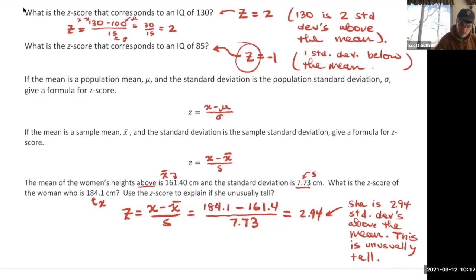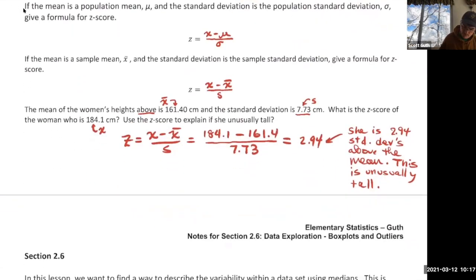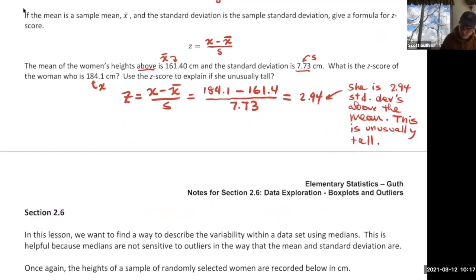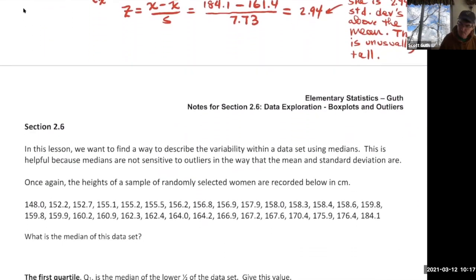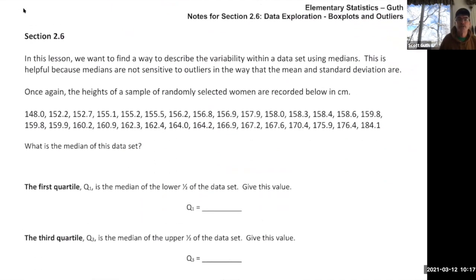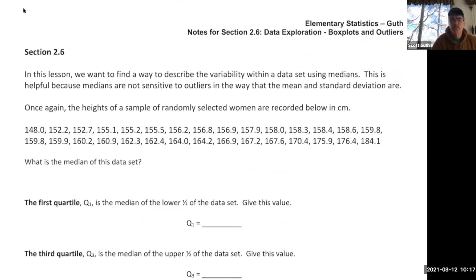Now we have the next section. This one's going to be 2.6. So this one kind of goes off in a different direction. And the main thing we get from this lesson is something called a box plot. A box plot is just a way of showing the distribution of a data set in terms of chunks.